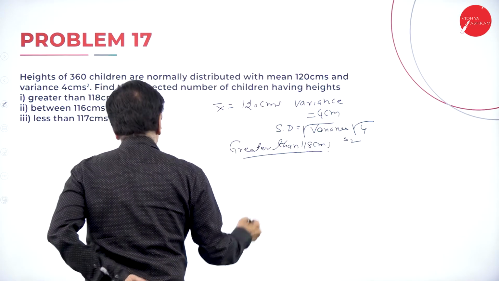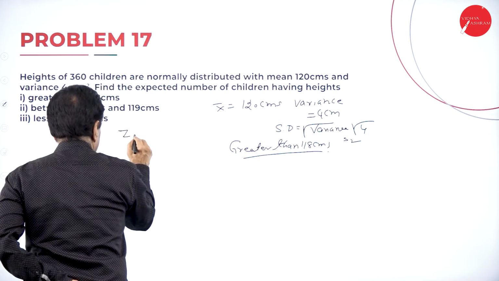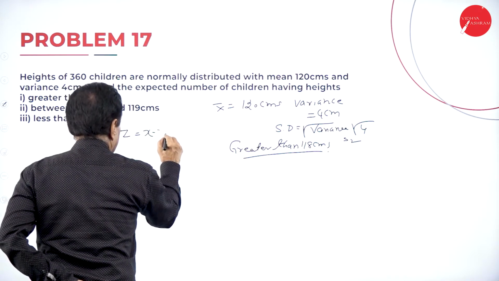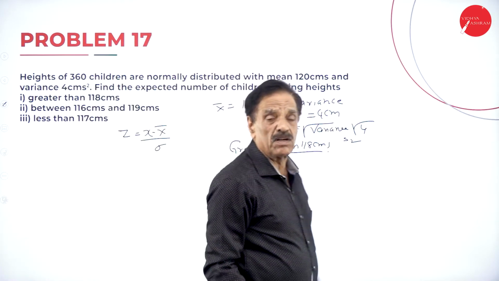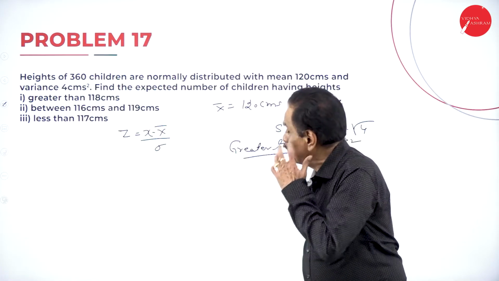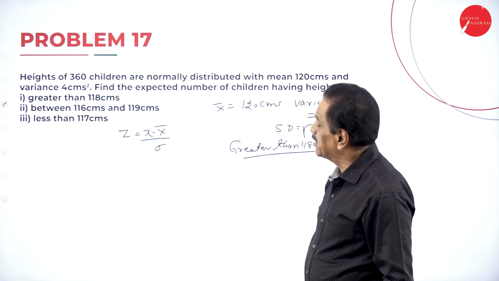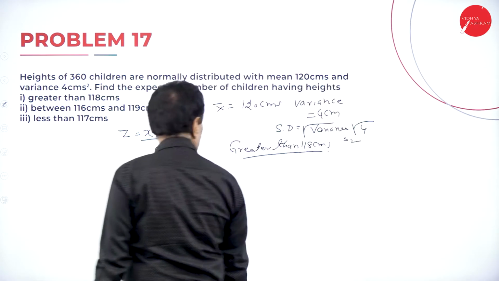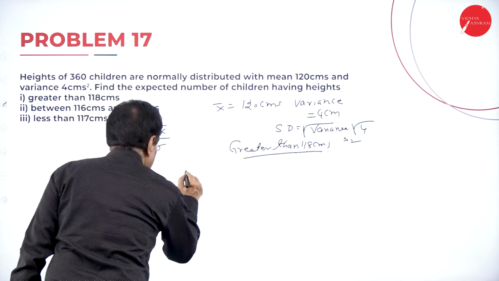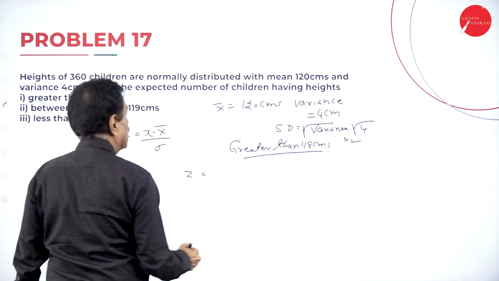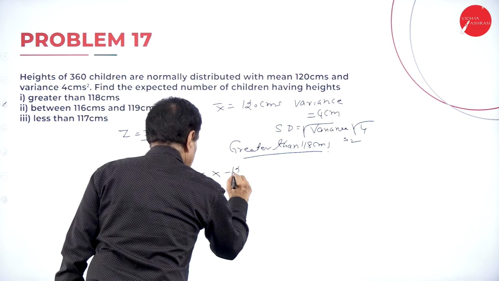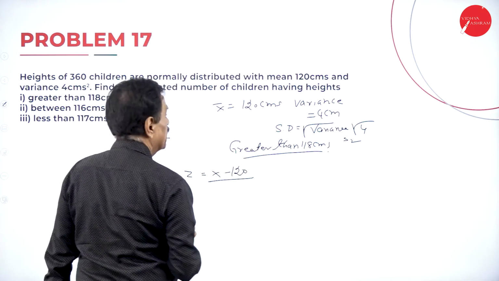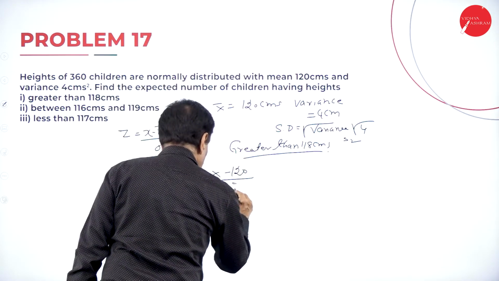The formula for normal distribution is Z equals X minus mean divided by standard deviation. This is a standard formula you are going to use. So we can apply it slowly: the mean is 120 and the standard deviation is 2.